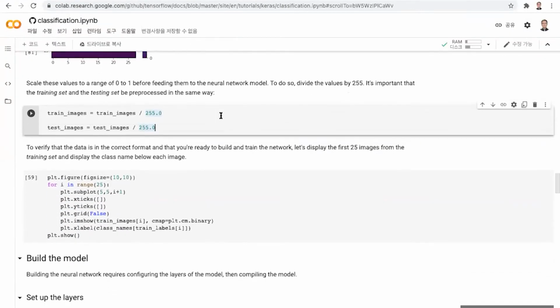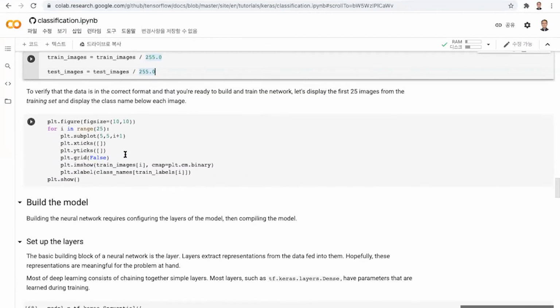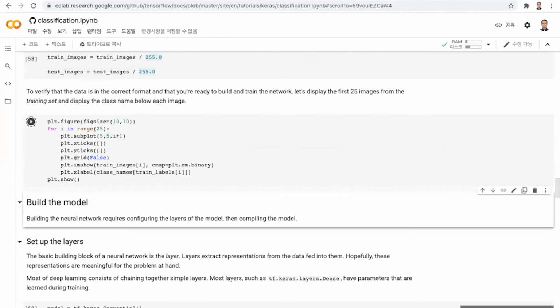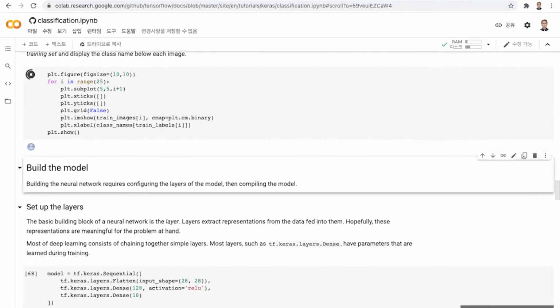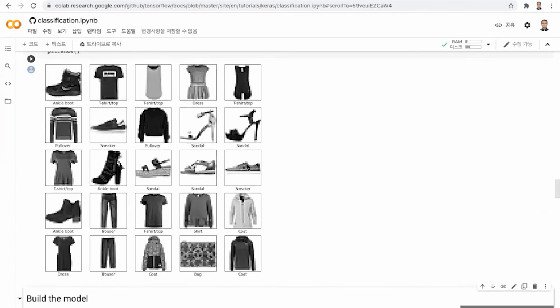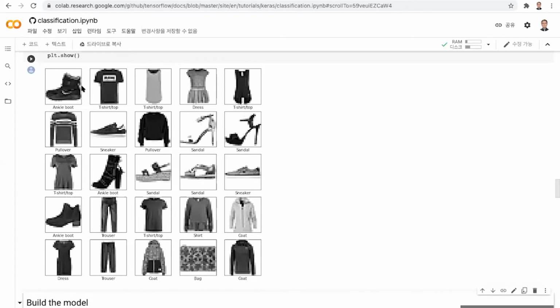So let's go. It is just dividing. And then to see some more pictures. This one was the first picture, the ankle boot, and here are some more pictures.